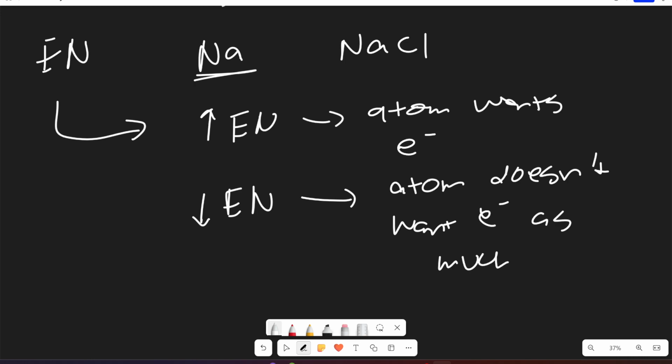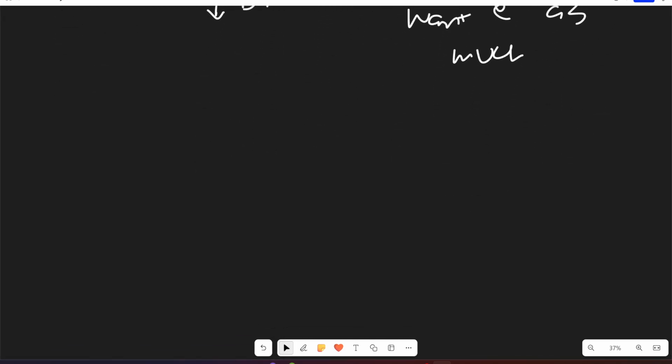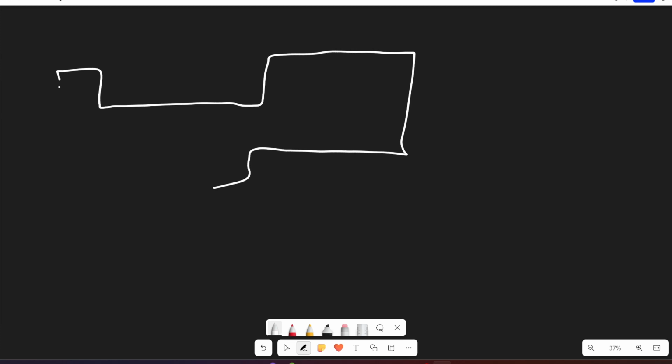Like I was saying before, fluorine has the highest electronegativity of 4.0, and all of the other elements in the periodic table were determined by comparison with fluorine. If I try my best to draw a periodic table here, it'll look something like this.